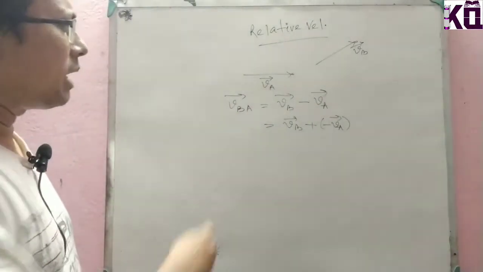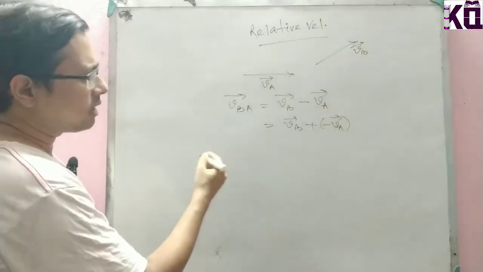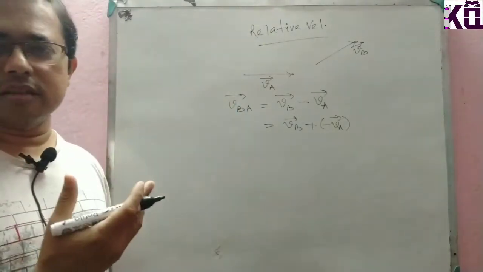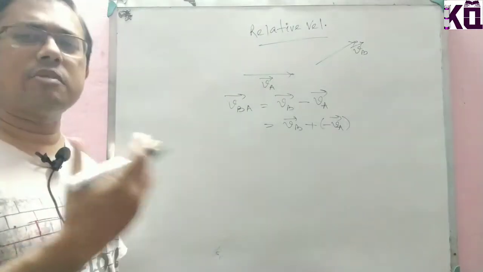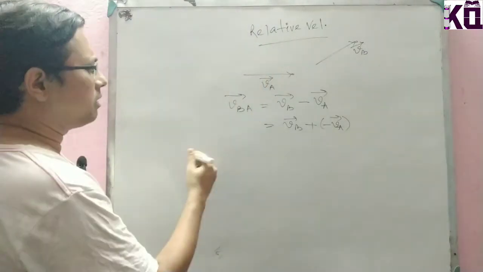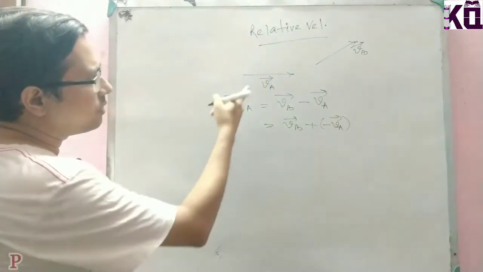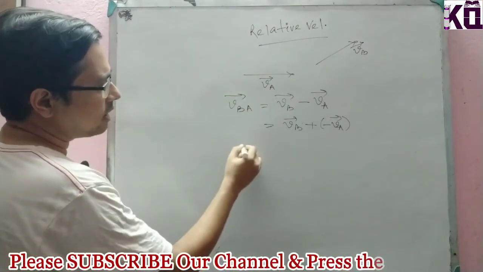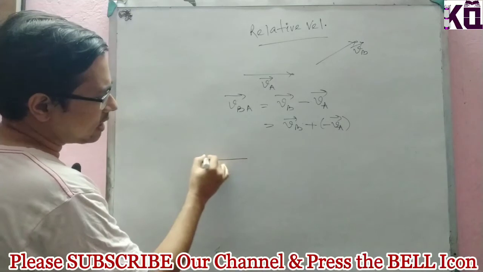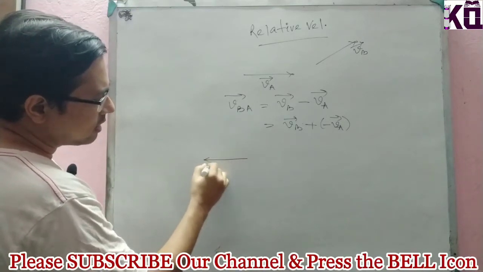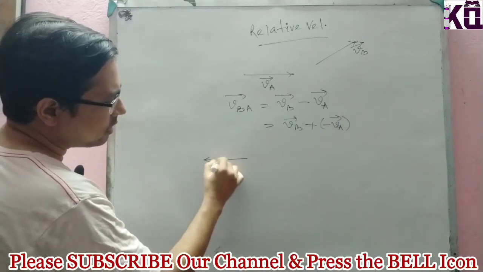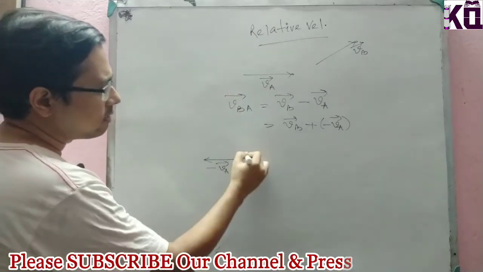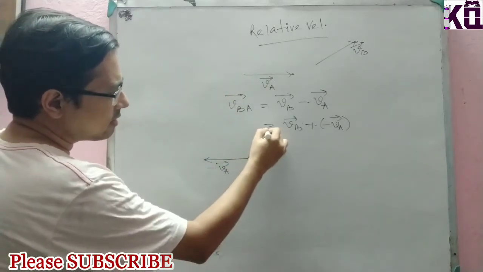How to identify the resultant, we have already done using the parallelogram law or the triangular law. I am using the parallelogram law. So in that case, VB and minus VA. If there is plus VA, we write minus VA here somewhere, and VB like this.